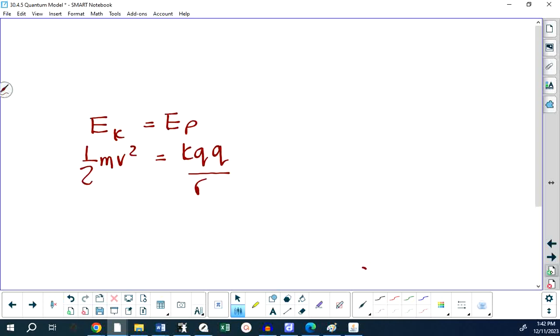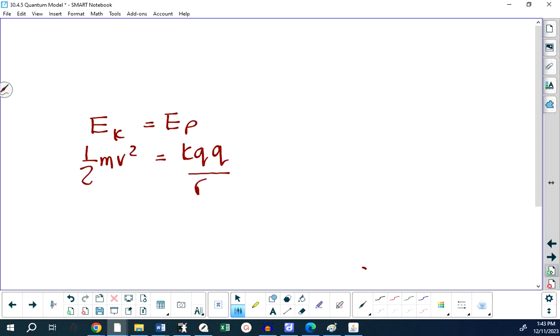So we need to know the mass of the alpha particle. Do we know that? Yep. We need to know the charge of an alpha particle, the charge of the gold nucleus, Coulomb's constant. What are we missing? What is throwing up a roadblock here? Well, we don't know r, but r is the distance of closest approach.